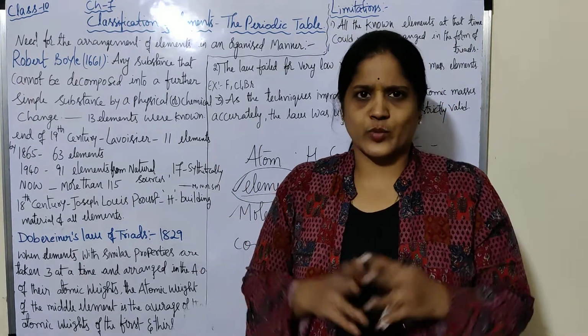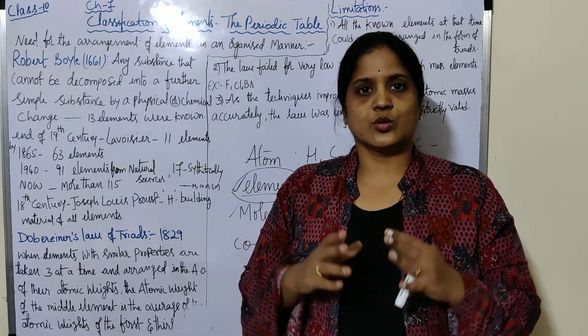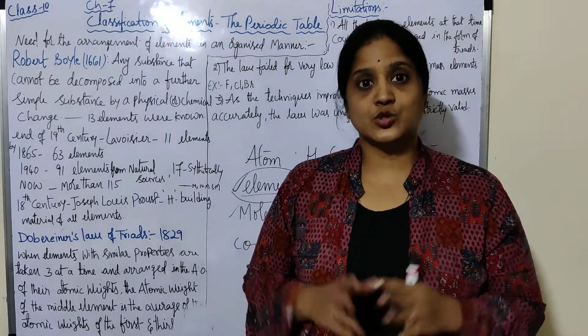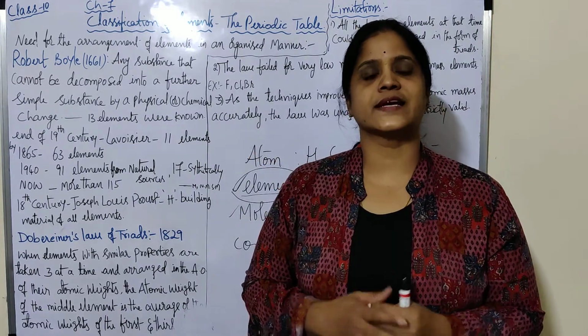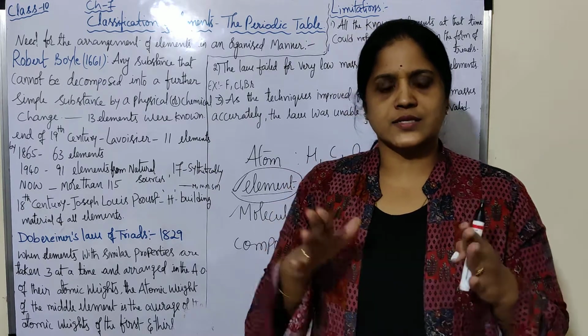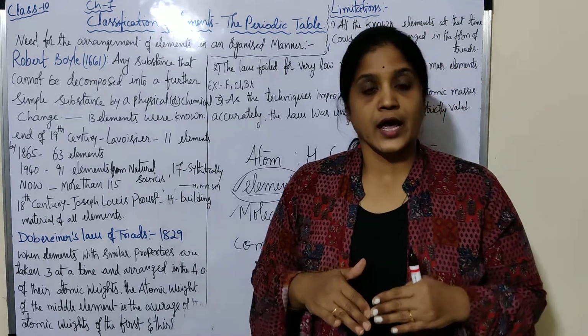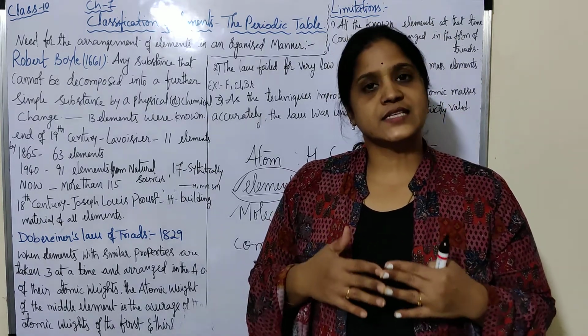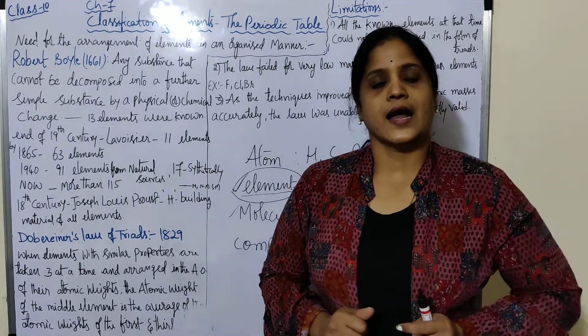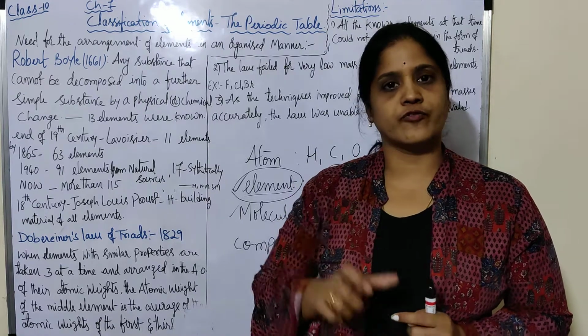As the number of elements increased, it was a big task for the scientists to arrange all these elements in a systematic way. So they arranged all these elements in a table according to their physical and chemical properties, in the form of groups.